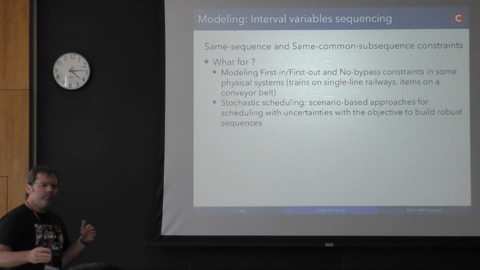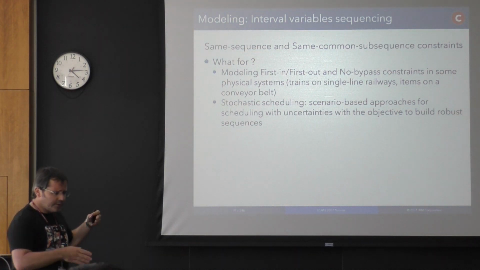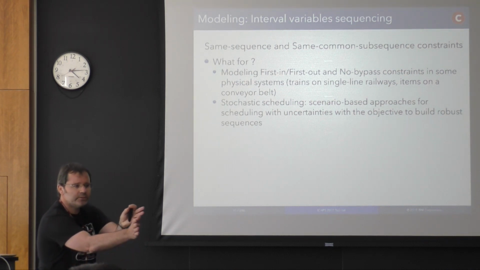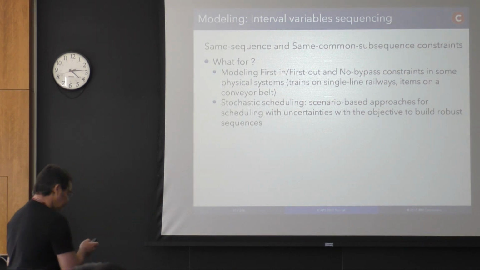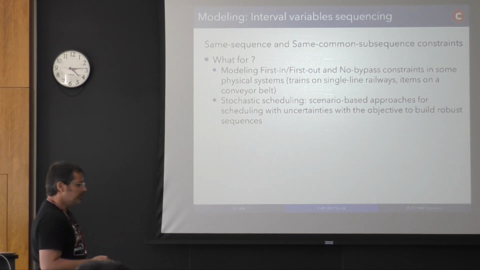If you're doing train scheduling, for instance, you know that if two trains enter a given segment, they will not bypass each other, and they will exit in the same order. So this is basically a constraint between two sequences.